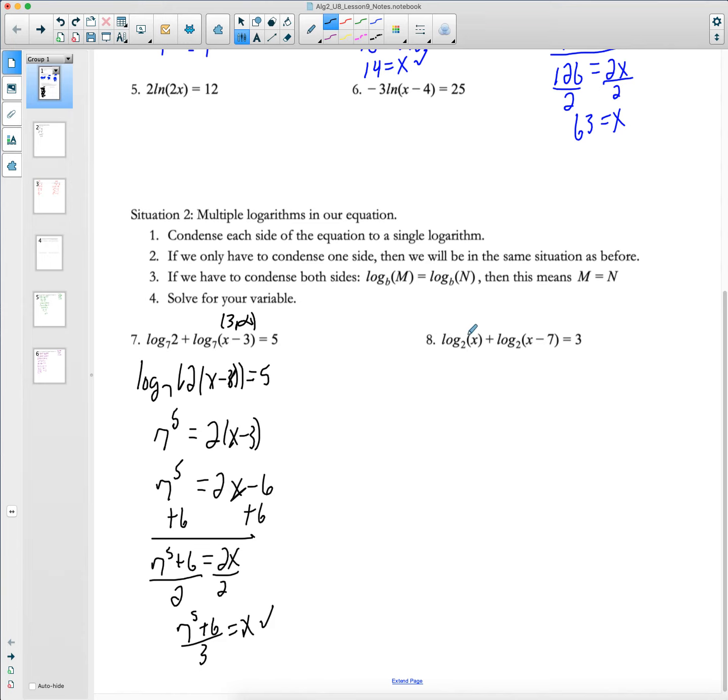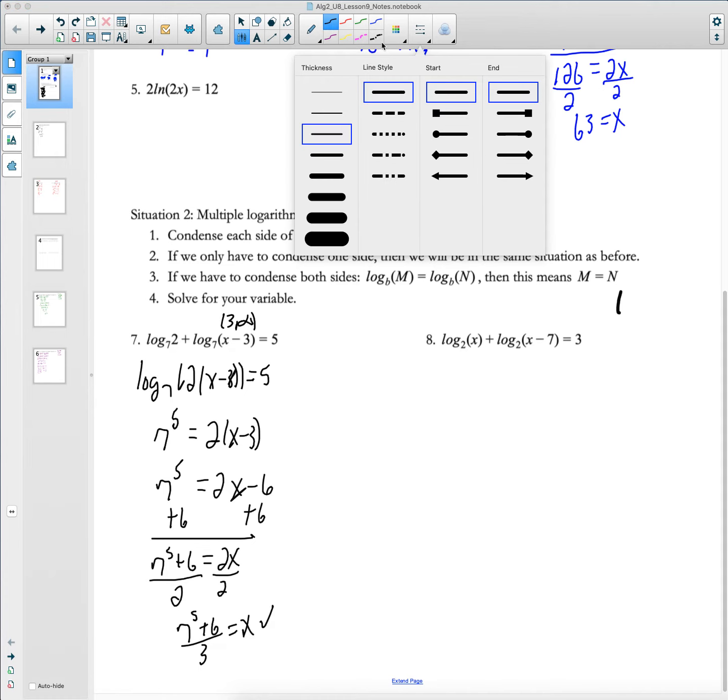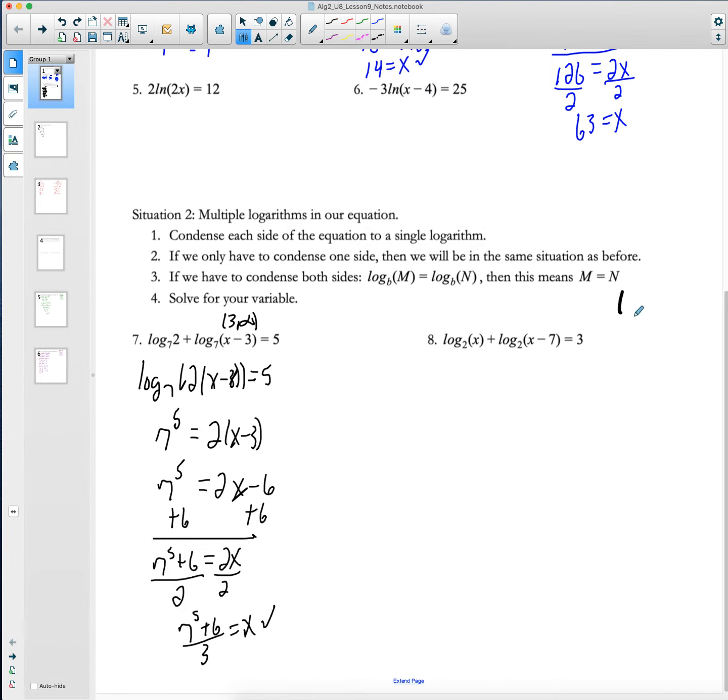The domain for my first logarithm is 0 to infinity. Now my second logarithm here has a different domain. Its domain would be 7 to infinity.